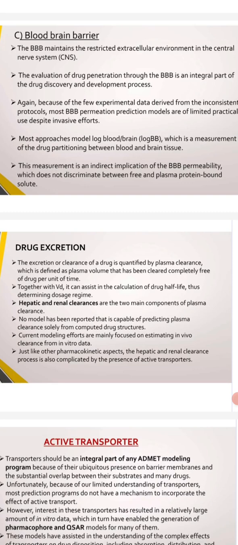Drug excretion, or clearance of a drug, is quantified by plasma clearance, which is defined as the plasma volume that has been cleared completely free of drug per unit of time. Together with VD, it can assist in the calculation of drug half-life, thus determining dosage regimen. Hepatic and renal clearances are the two main components of plasma clearance.